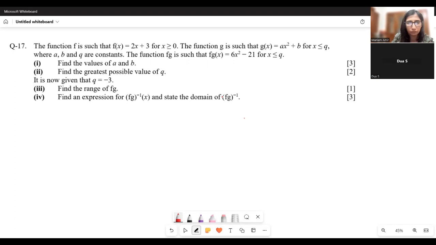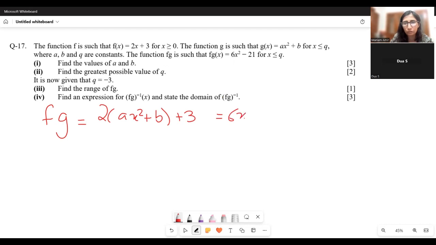Okay, so let's form fg from f and g. So g goes in f, so 2 times (ax squared plus b) plus 3, and this is equal to 6x squared minus 21.